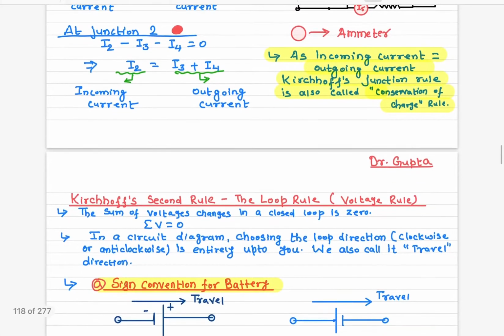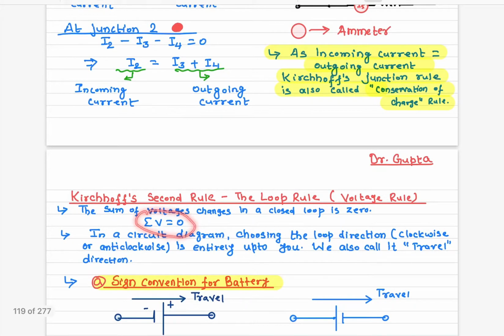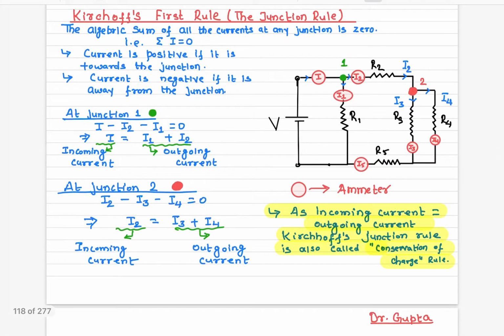So the sum of all the voltages in a closed loop must be 0. So how many loops are here? I can consider this as one loop, and I have this as another loop. The total voltage in this closed loop must be equal to 0, or even this one is one loop here. So the total voltage in this loop again must be equal to 0.